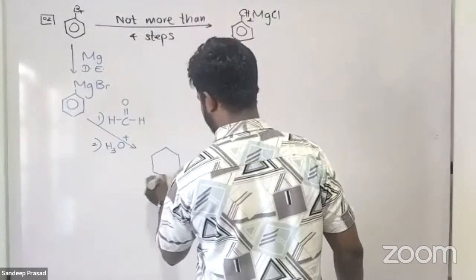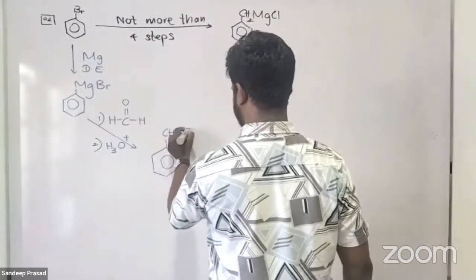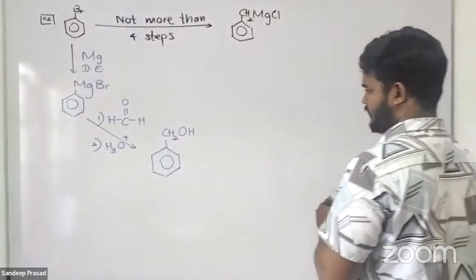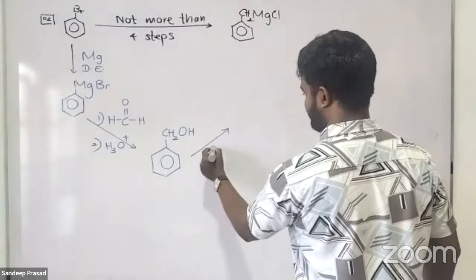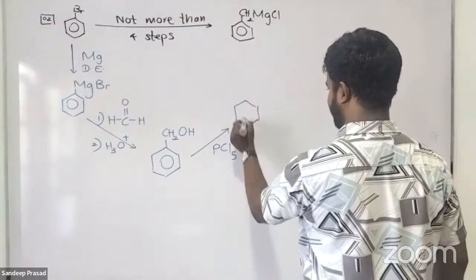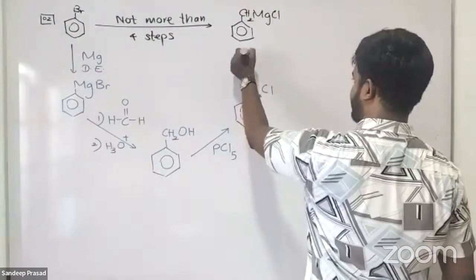Then the product formed here is CH2OH. Understood? And here we can add PCl5. Then it converts into the alkyl halide, CH2Cl, and then magnesium and dry ether.